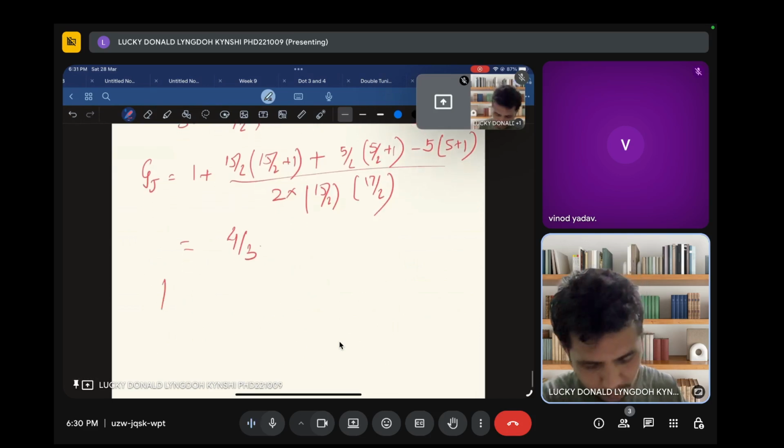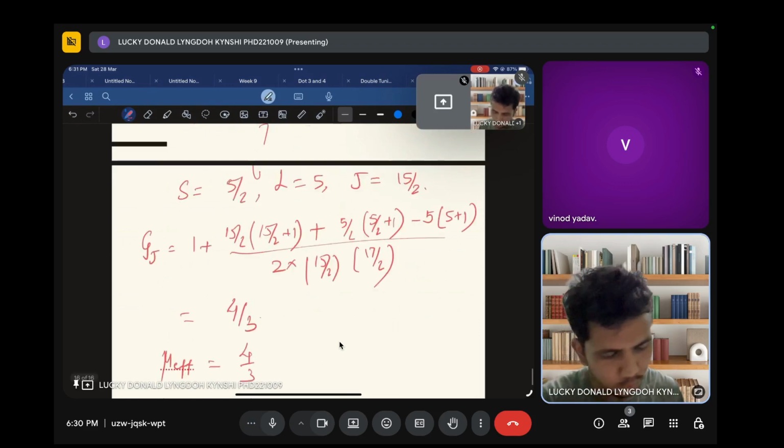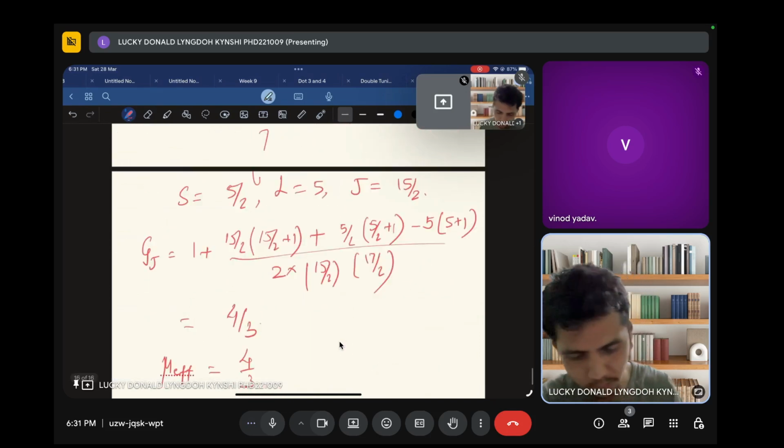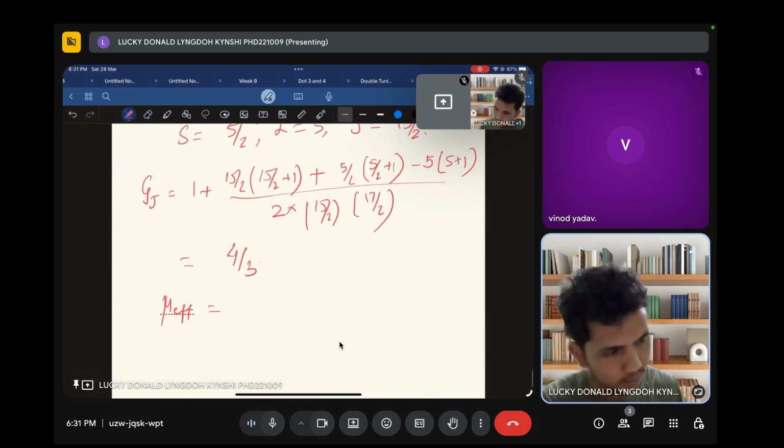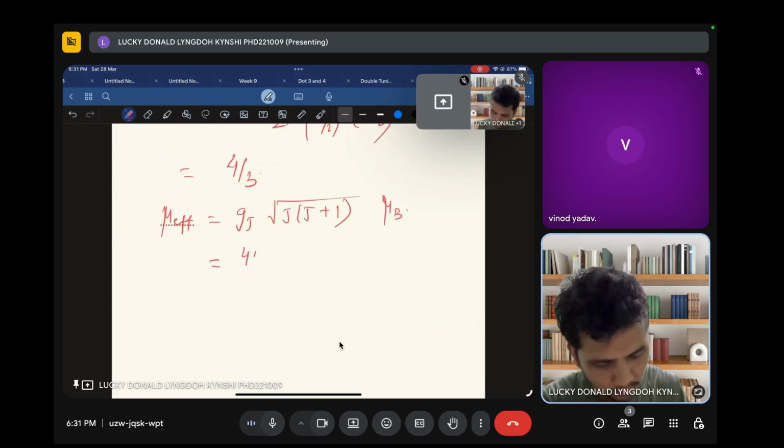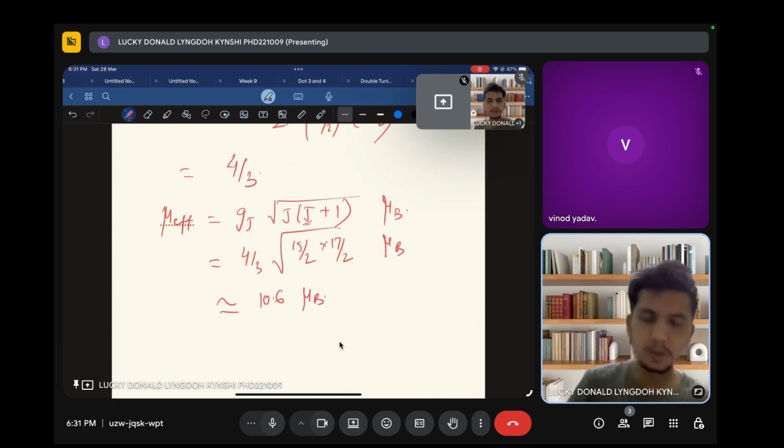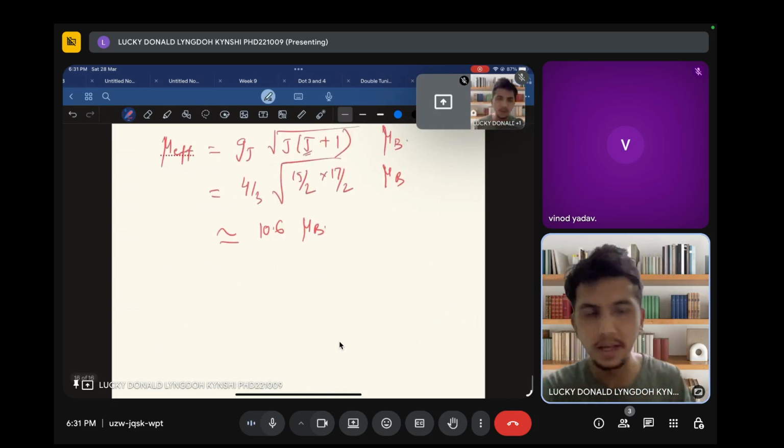Finally, your effective magnetic moment mu effective is equal to g_J, which you already know is 4 by 3. You use this formula, let me just write it, that will be easier. mu effective is g_J times the square root of J(J+1) times the Bohr magneton mu B. So g_J you know is 4 by 3, J is also 15 by 2, and J plus 1 is 17 by 2, giving mu B, and this term is approximately 10.6 mu B. Okay, so once we know that, you can calculate your main formula.